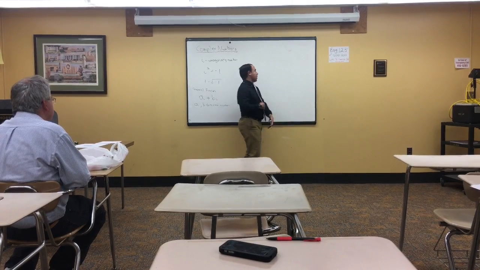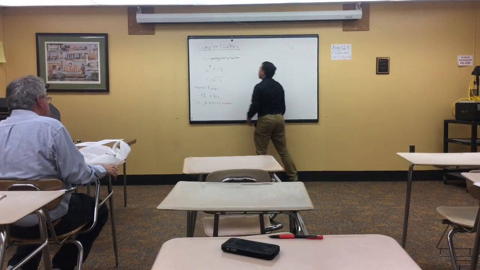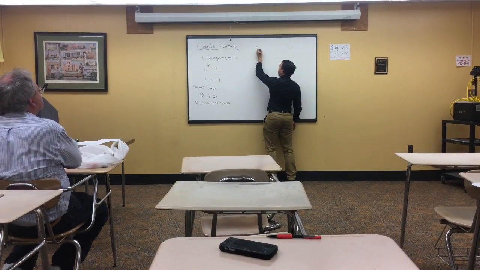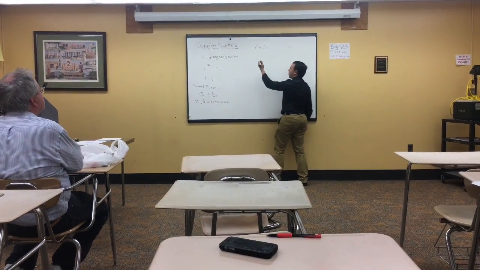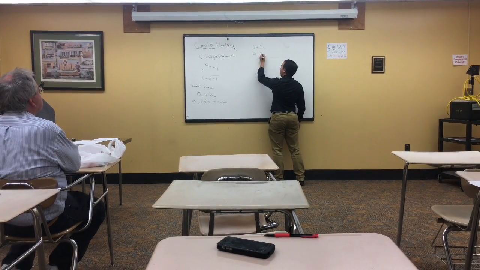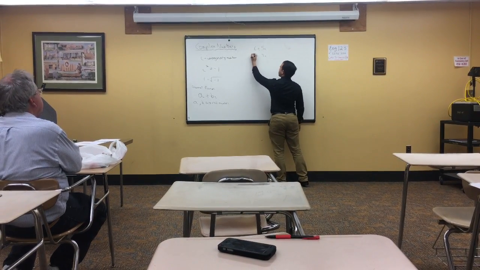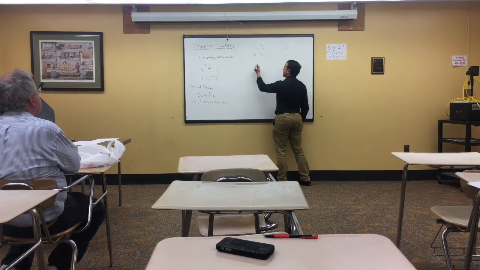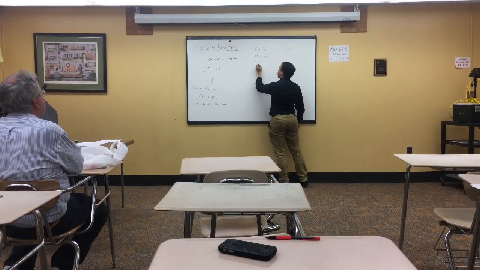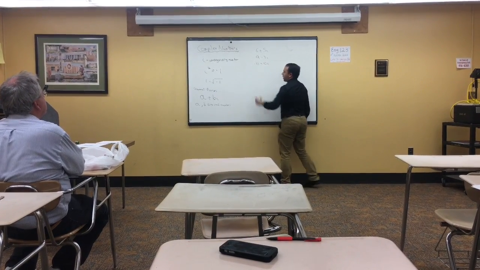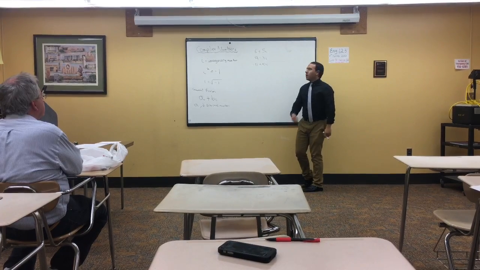So examples of some kind of a plus bi would be like 6 plus 5i, or 9 minus 3i, because in this case a is 9 and b is -3. Or we could say like 11 plus 10i. All these are in the form of a complex number.